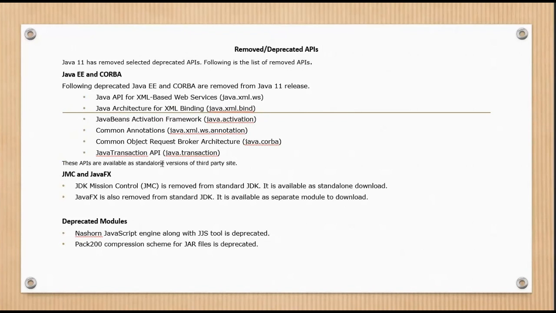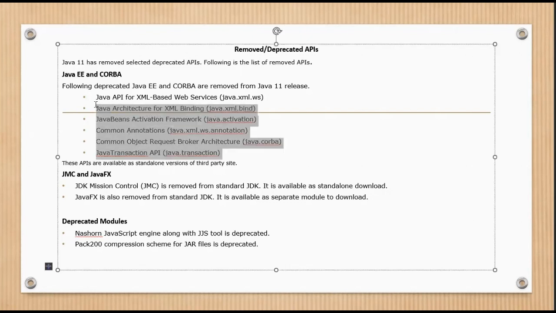These are the libraries: Java API for XML-based web services and XML binding, JavaBeans Activation Framework, Common Annotations, Common Object Request Broker Architecture (CORBA), and Java Transaction API. These libraries are deprecated or removed, basically not present in Java 11, and in upcoming releases they will not be present.